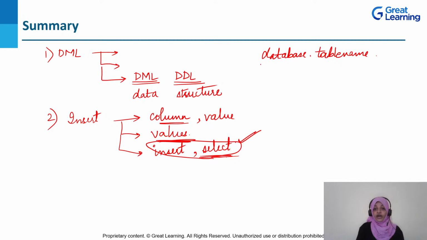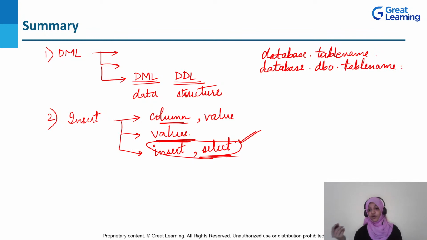All right, or in some cases you'll have to give the database dot dbo dot table reference based upon what kind of system you're using. If you're using MySQL, you can just use database dot table name. If you're using SQL server, you will obviously have to use dbo dot table name.